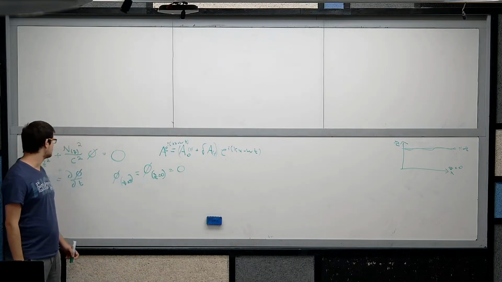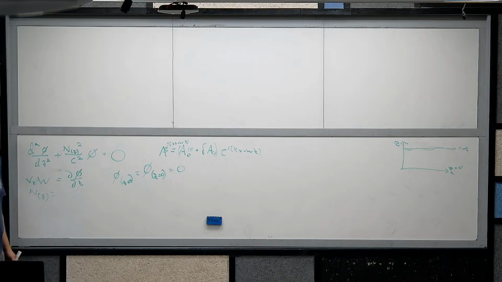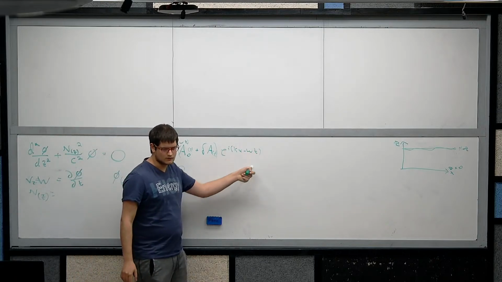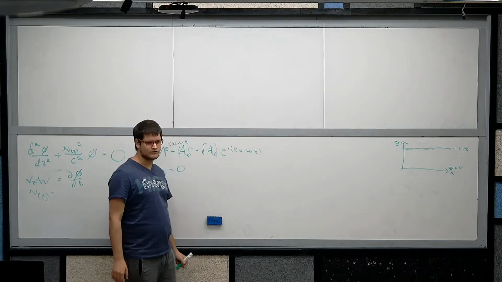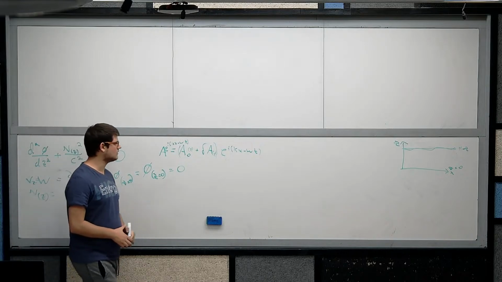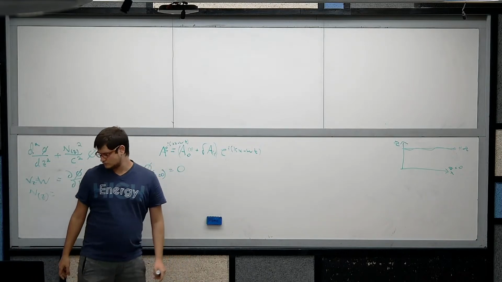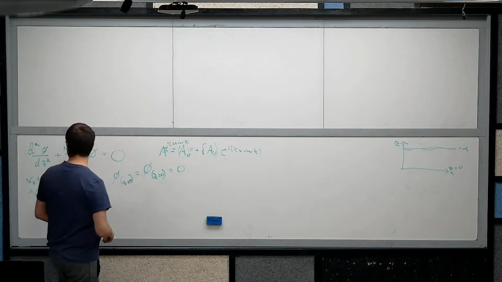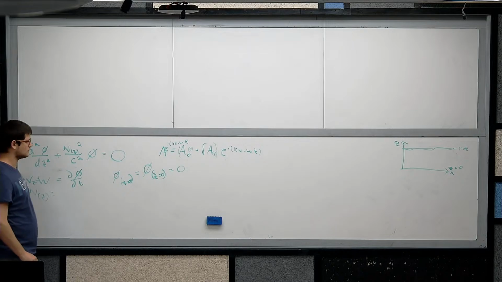I assume here that phi is a function only of z, because I told you already it satisfies that form. It's a general function that depends only on z. But the derivative should be 0 in this case. Derivative with respect to what? To t? Yes.